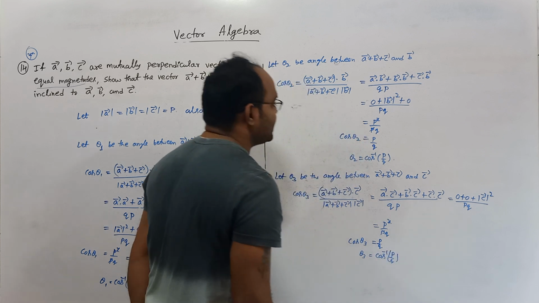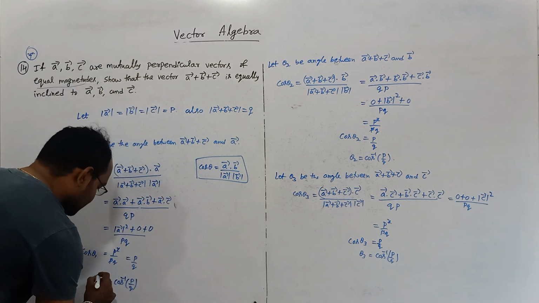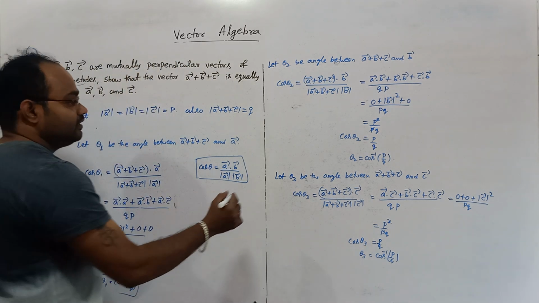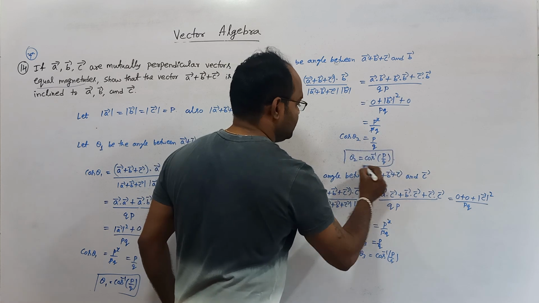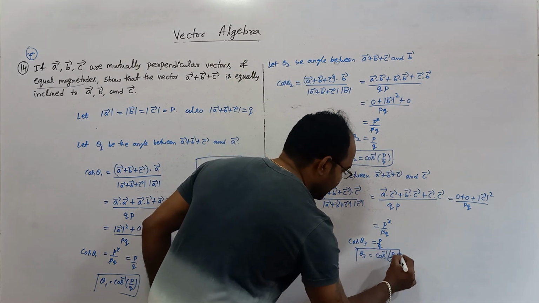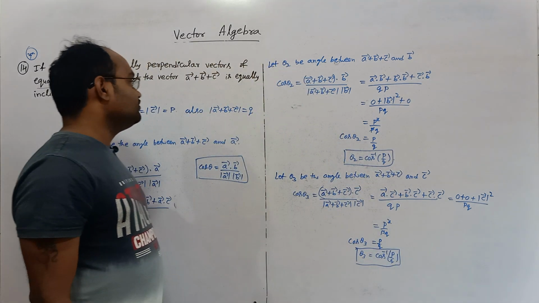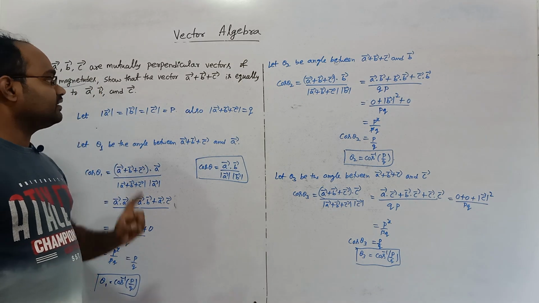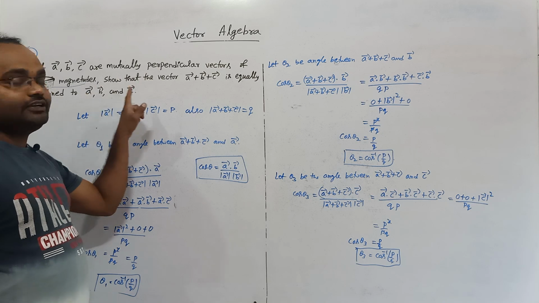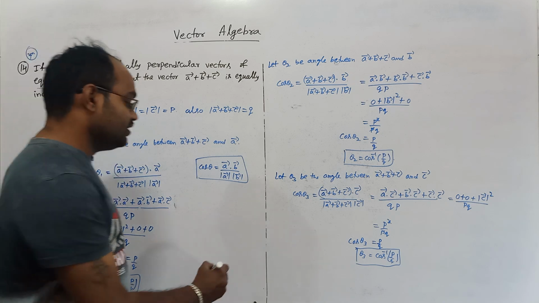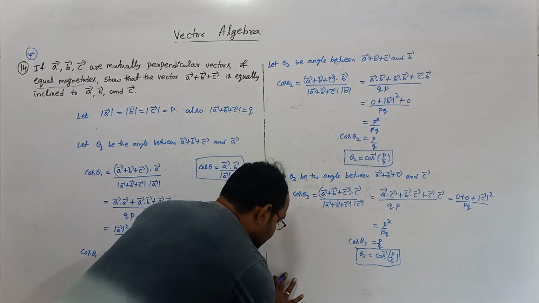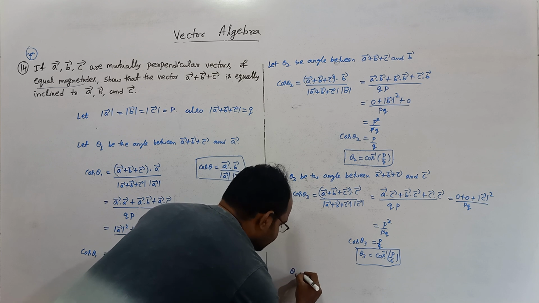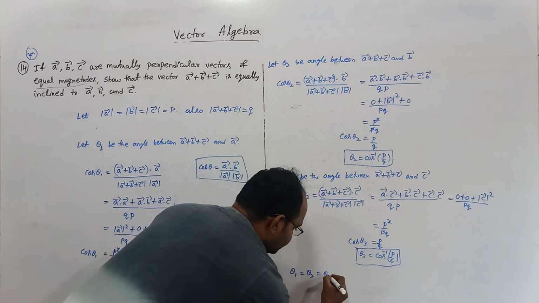So all these angles are the same: theta 1, theta 2 and theta 3. All the angles are the same. That means this makes equal angles with vector A, vector B, vector C. Therefore it is equally inclined to vector A, vector B, vector C. So theta 1 equal to theta 2 equal to theta 3.